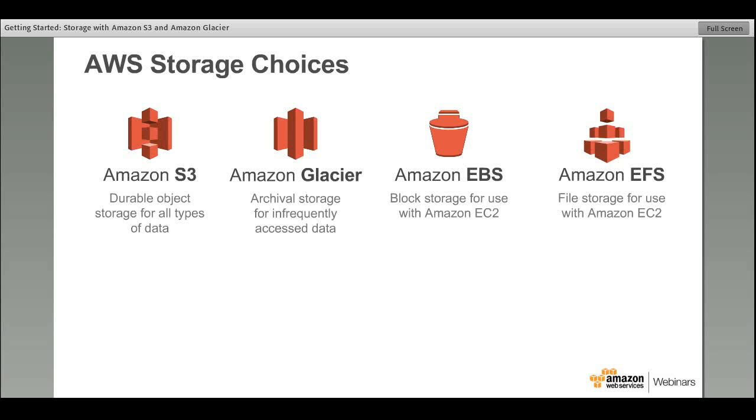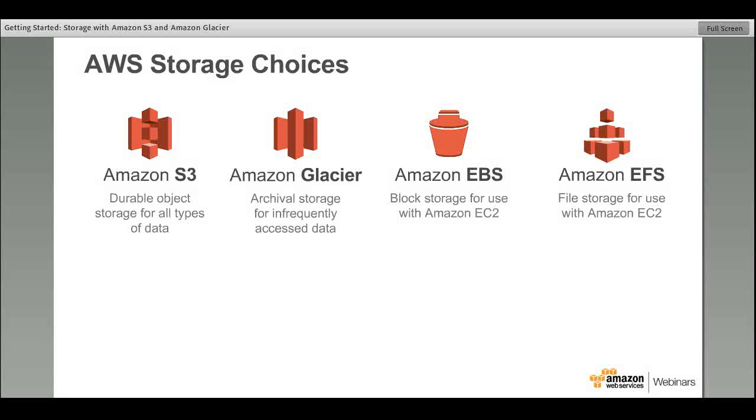So just to give you a high-level overview of all of our storage services, data comes in all shapes and sizes with different requirements for performance, cost, and access interface. And AWS provides several services that address those different needs. S3, that we're going to discuss in detail today, is a globally accessible and highly scalable object storage service.